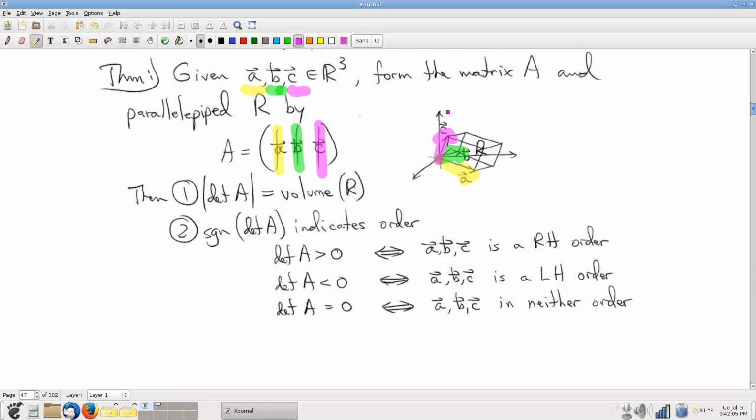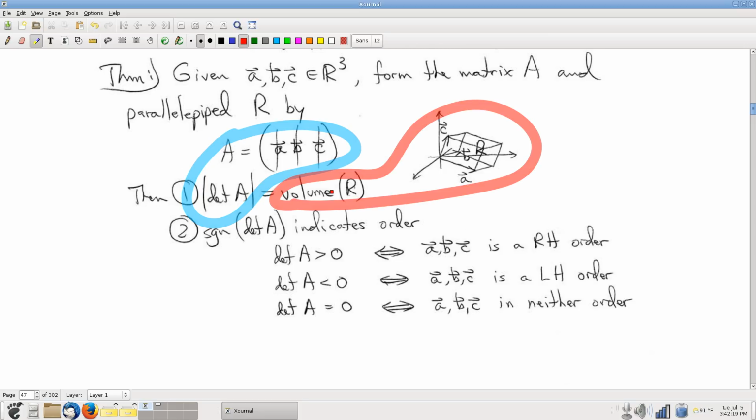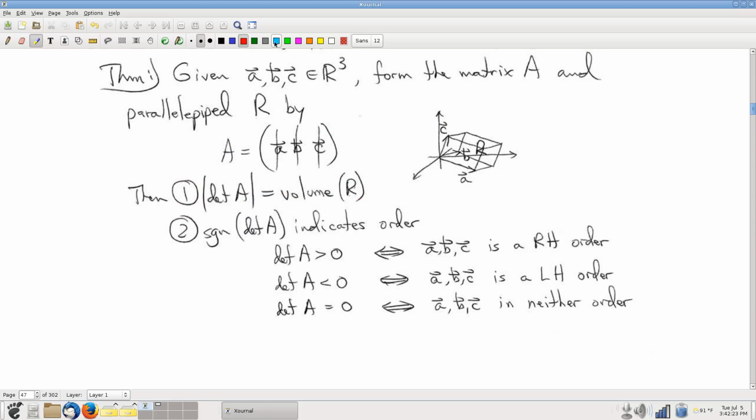And the determinant of this matrix tells you much information about this parallelepiped. Exactly in analogy, the absolute value of the determinant tells you the volume of that parallelepiped. And furthermore, the sign of that determinant, whether it's plus or minus or 0, tells you about the order that these vectors were listed in.